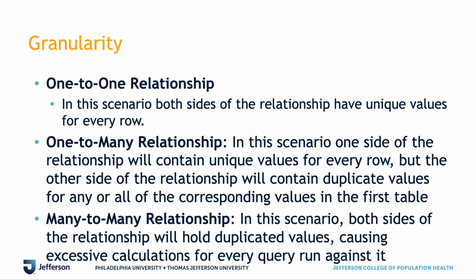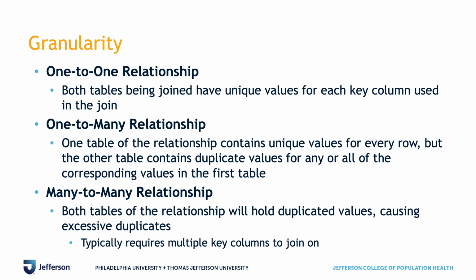That would be one-to-many, where there's 1 value per key in the left table or right table, and then there's many values per key in the other table. And then if both tables have multiple values per key, that's a many-to-many relationship.